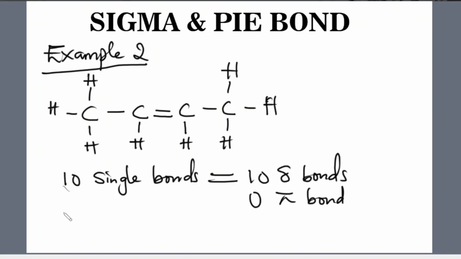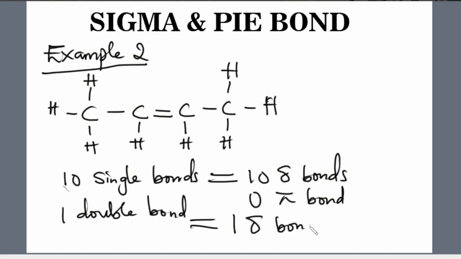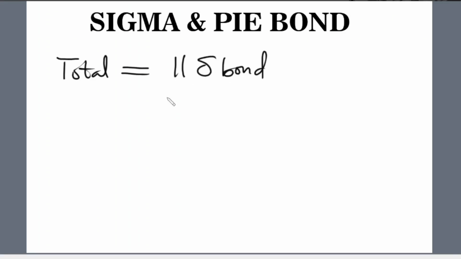So we have here one double bond, which gives us one sigma bond and one pi bond. So in total, we have 11 sigma bonds and one pi bond.